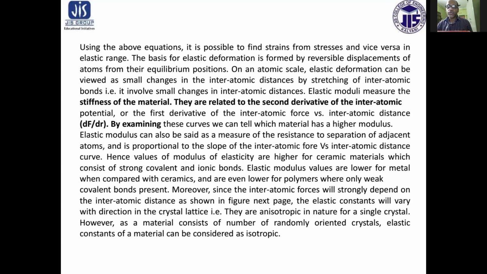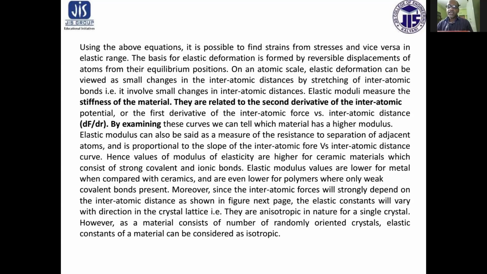Hence, values of modulus of elasticity are higher for ceramic materials, which consist of strong covalent and ionic bonds. Elastic modulus values are lower for metals when compared to ceramics and are even lower for polymers, where weak bonds are present.